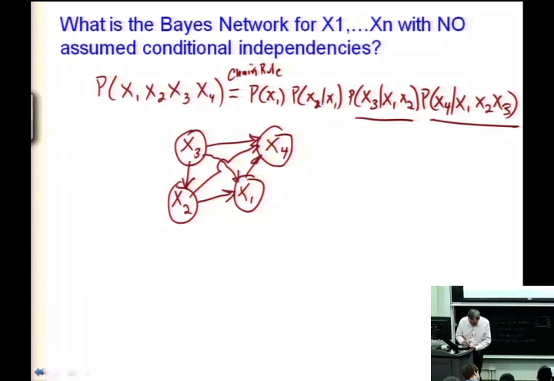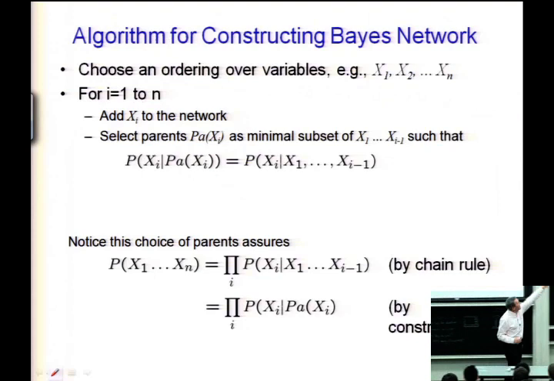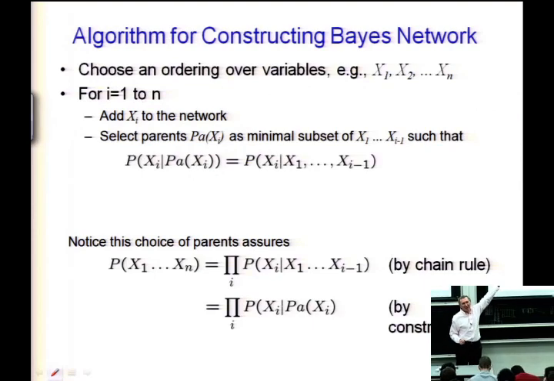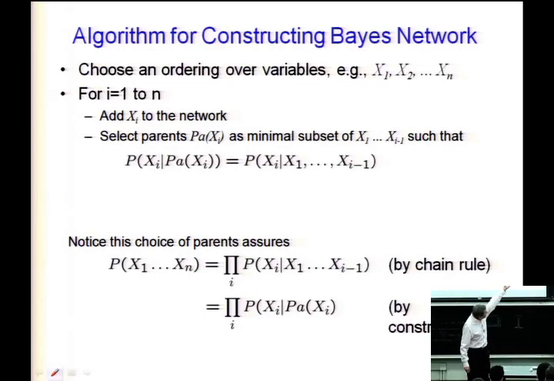All right, let's go back a few slides, because there were some other interesting things here along the way. So what we just did was we just illustrated an algorithm for writing down a graphical model for a joint distribution. Here's that algorithm that we went through.